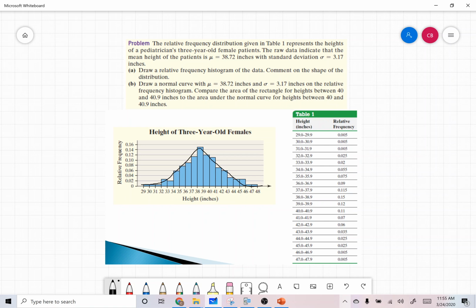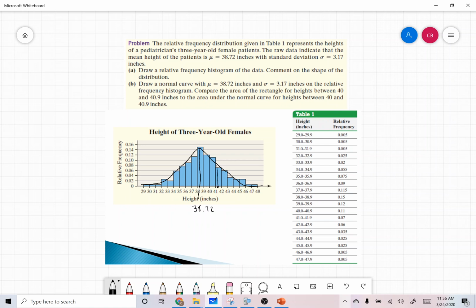And then this would be the 38.72, and then 3.17. So that's 3 away from it. So we add about 3 to 38. That's about 41 point something.